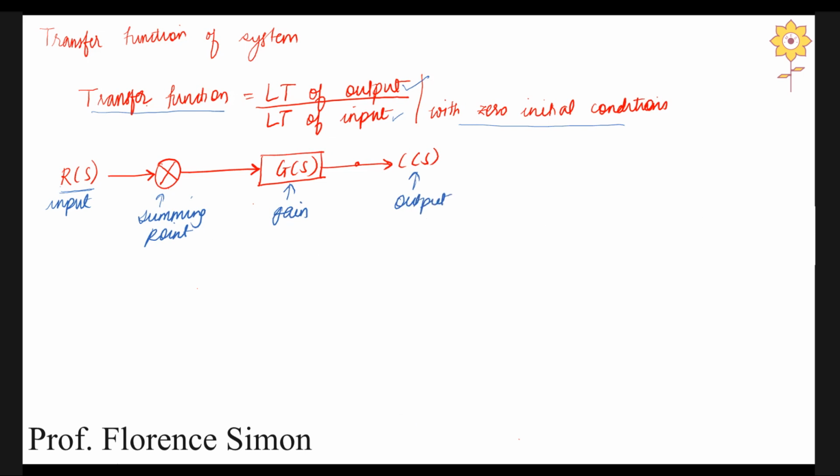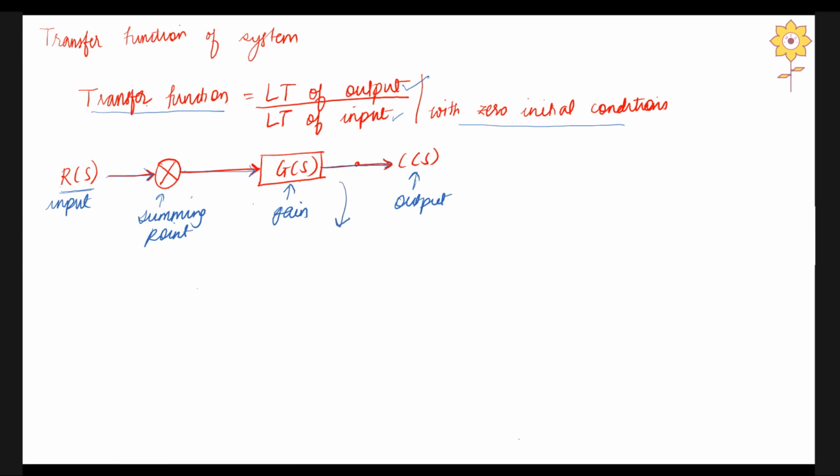Here, as we can see, R(S) is coming to this summing point and then it is given ahead to this gain block. So, now when R(S), the input, gets into the gain block, the output coming from the gain block will look something like this.